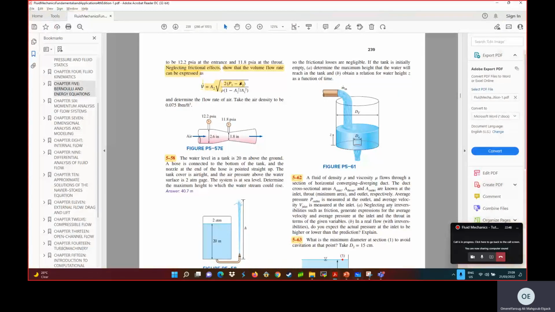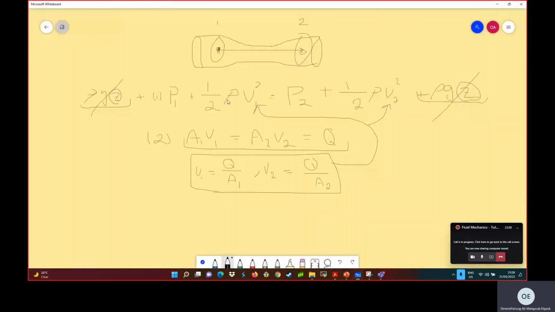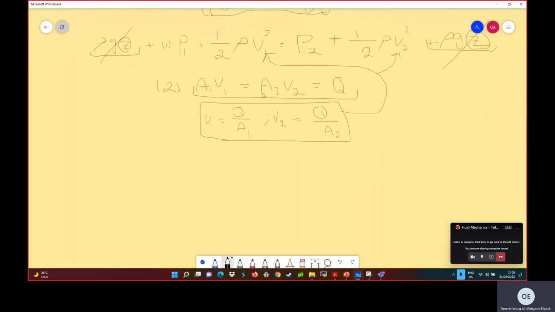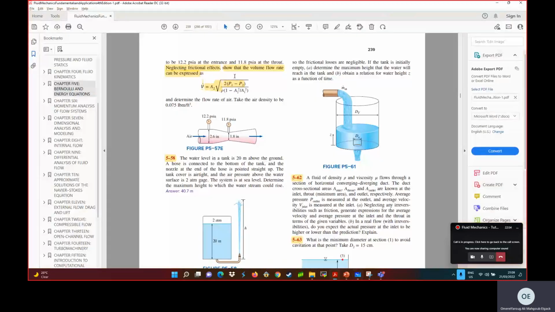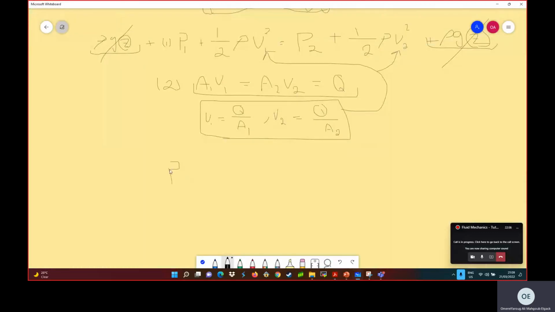So P1 and P2 are present here, okay? So P1 plus half rho, now V1 is equal to Q over A1 all squared, is equal to P2 plus half rho, now V2 is equal to Q over A2 squared.